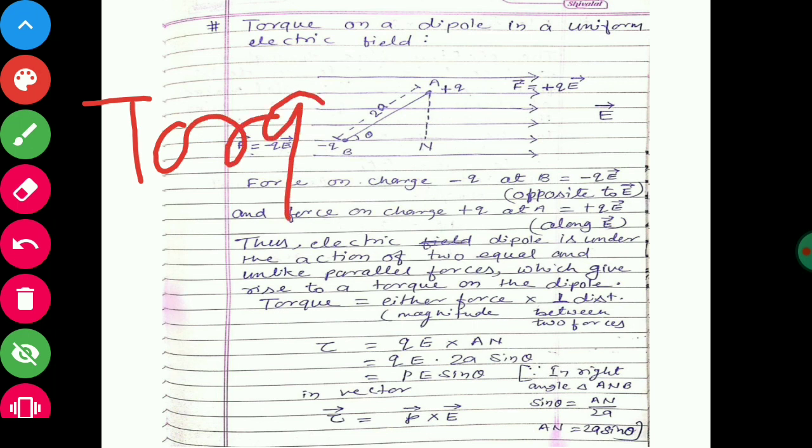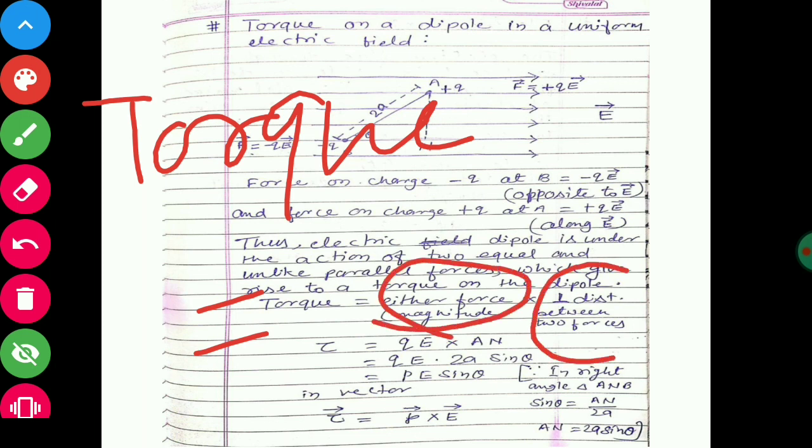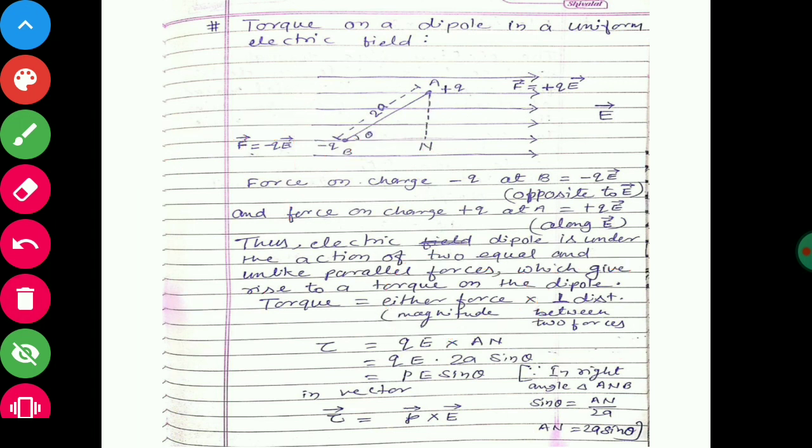Why have I written the name torque? Because torque is what? Magnitude of either force and perpendicular distance between the two forces. The negative sign is just an indication that it is opposite to the electric field.